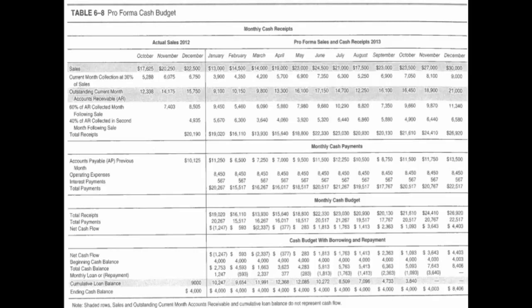Finally, cash receipts of $5,670 are collected from credit sales made 2 months ago in November, or 40% of $14,175. Therefore, the cash inflow in January from business sales is $3,900 from January sales, plus $9,450 from December credit sales, and $5,670 from November credit sales, which equals $19,020.